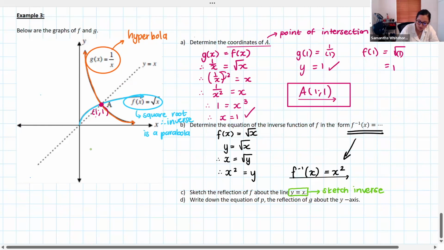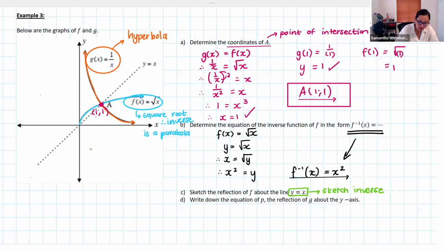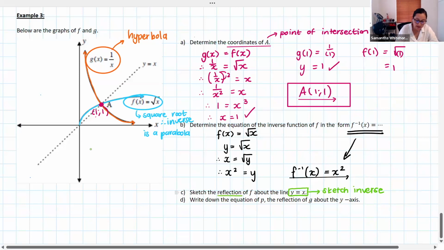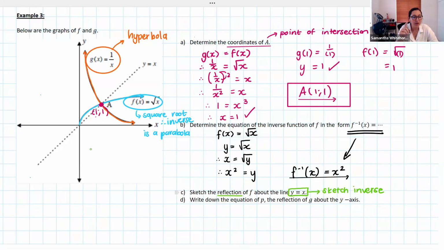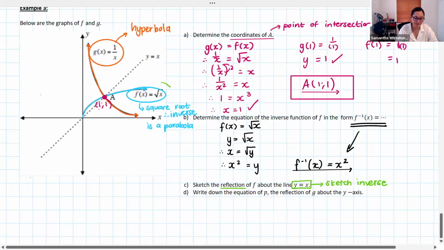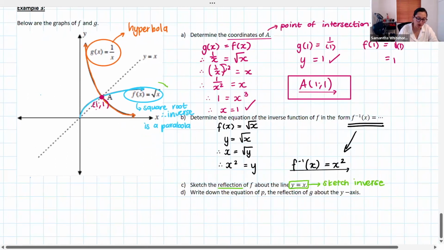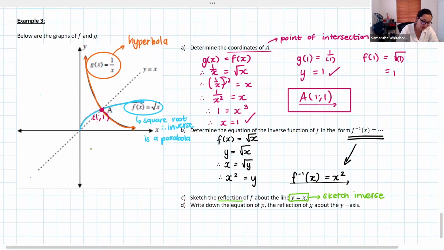Because remember, your inverse is a reflection about the line y equals x. Now, you've just found the inverse equation. So if you wanted to go substitute in values, that's fine. But bear in mind, you've only got one arm. You've only got this arm of your root function.